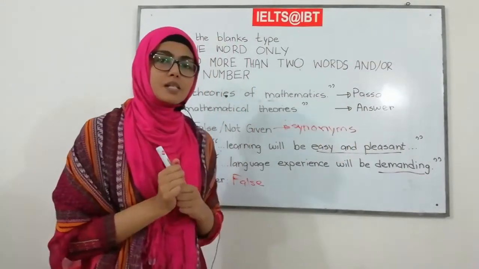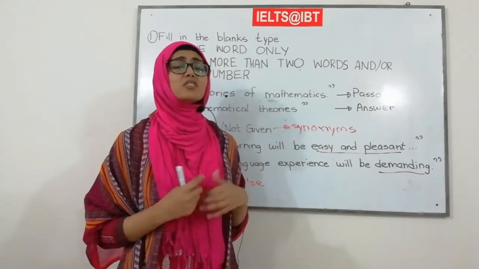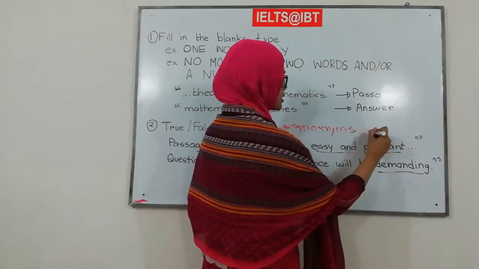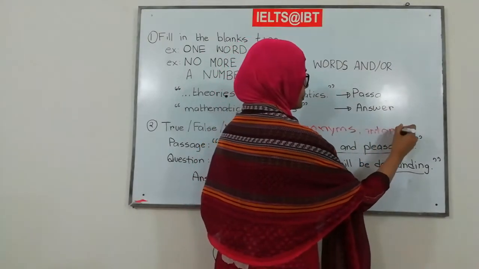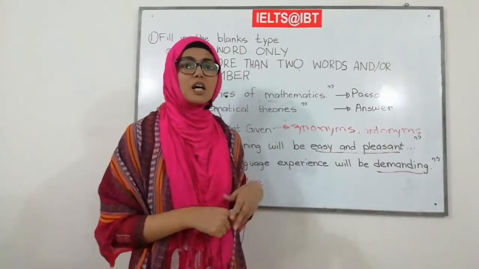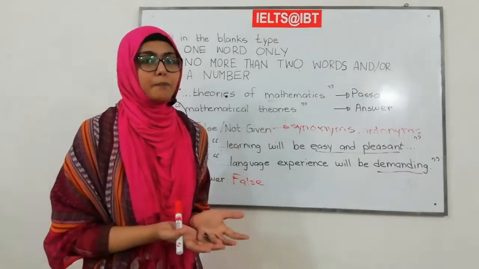What are synonyms? Synonyms are different words that have the same meaning. And you can also look for antonyms, which can indirectly help you sometimes. So by looking for synonyms and antonyms, the process of decision is going to be speeded up.